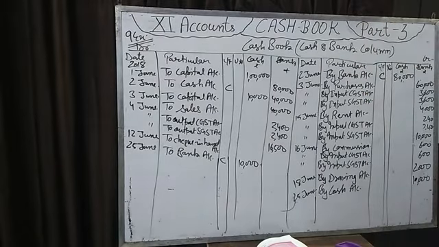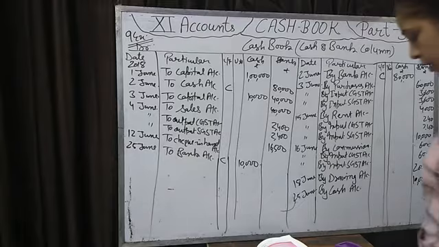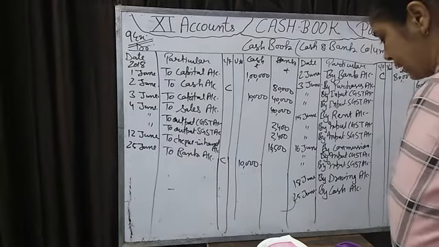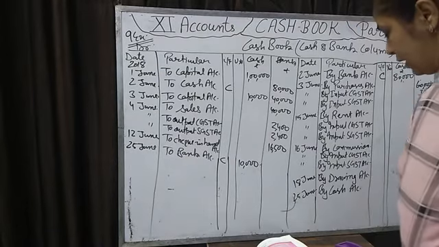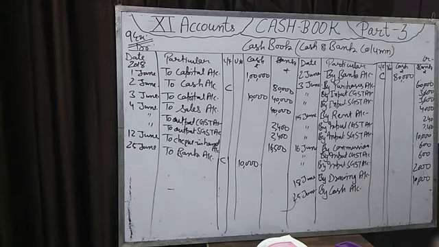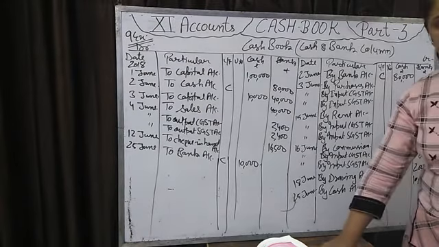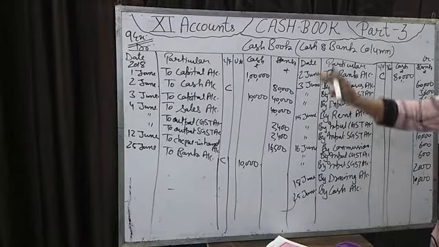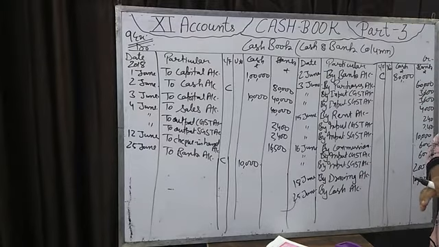Understand? Now the next transaction: receive a check from X and endorse it to Y on 29 June. Receive a check. हमें एक check मिला from X, but we are not depositing that check into the bank. Then our bank balance will not increase.